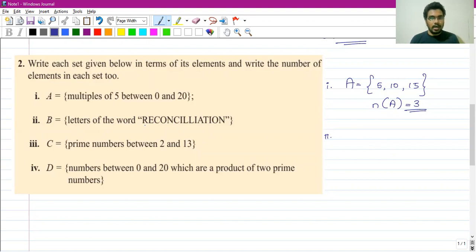Letters of the word reconciliation. Okay. So letters of the word, here you can see there is a word. So shall we write them as a set?